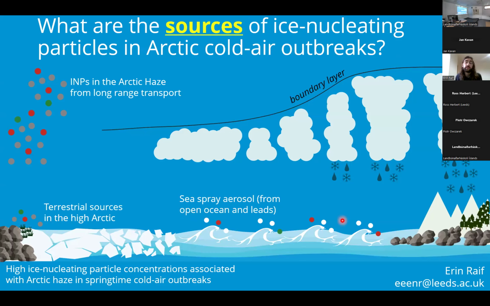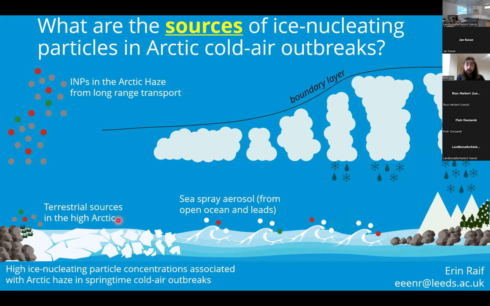We had three hypotheses. The first and seemingly most obvious, based on a lot of literature that existed, was that it would be sea spray aerosol that was dominating the INP concentrations in and around these cloud systems. And so that was one solution. Another one was perhaps that it was terrestrial sources from the high Arctic.